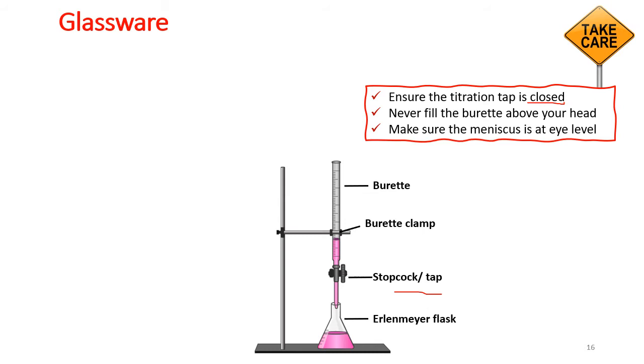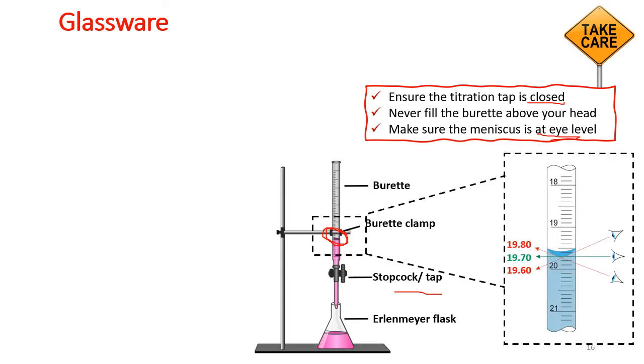Whenever you read a burette or you fill it, never keep it above your head. Always keep the meniscus that you're going to read at the same eye level, and even if you fill it, just keep it at your eye level, never higher or lower. This is what happens if you look at the meniscus from any position other than the horizontal position.